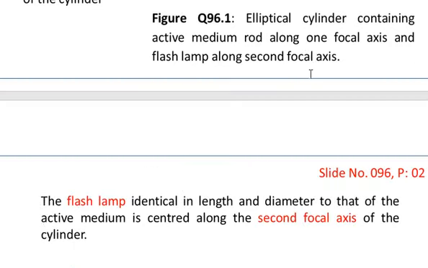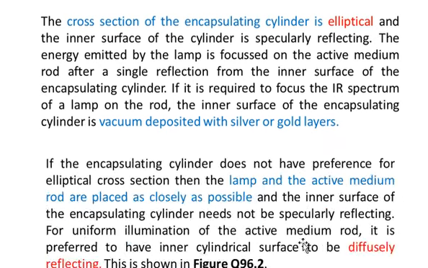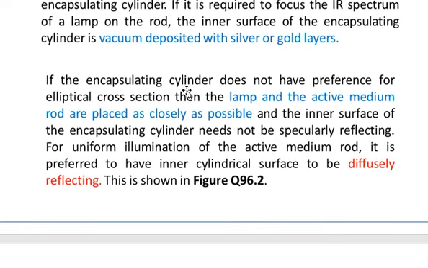But you see that if you are working in the other region, for example, in the visible region, you don't need silver or gold layers to be coated within the encapsulating cylinder. If the encapsulating cylinder does not have preference for elliptical cross-section, then the lamp and the active medium rod are placed as closely as possible, and the inner surface of the encapsulating cylinder need not be specularly reflecting.